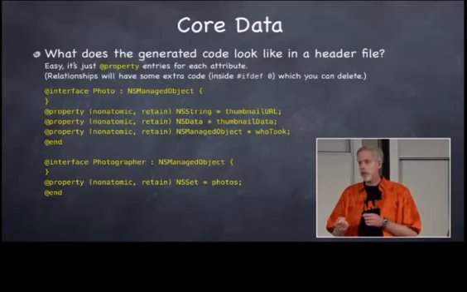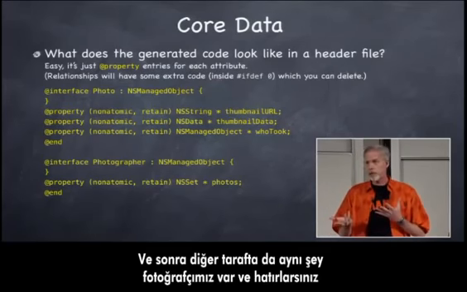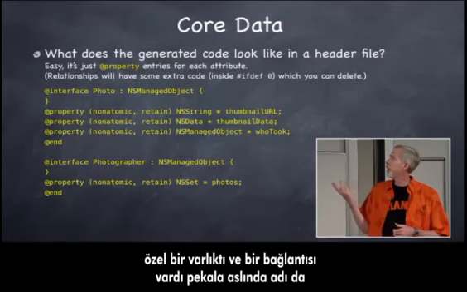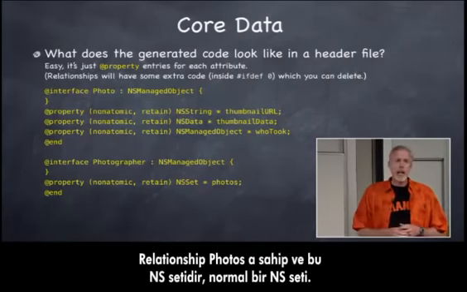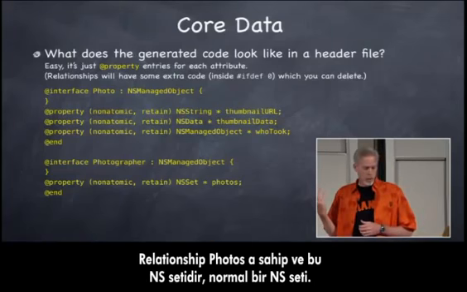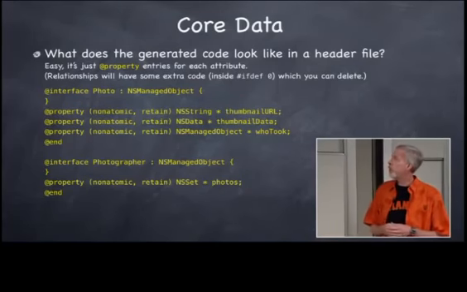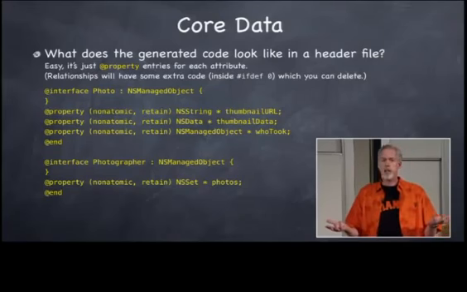It's a relationship to a photographer, so that's going to be an NSManagedObject, which is going to be a Photographer custom subclass in our case. And then same thing on the other side. We have Photographer, if you remember that particular entity, and it only had one relationship. Well, actually, I think it might have had a name also, but at the very least it has this relationship photos, which points to all the photos taken by this photographer, and that's just a normal NSSet.